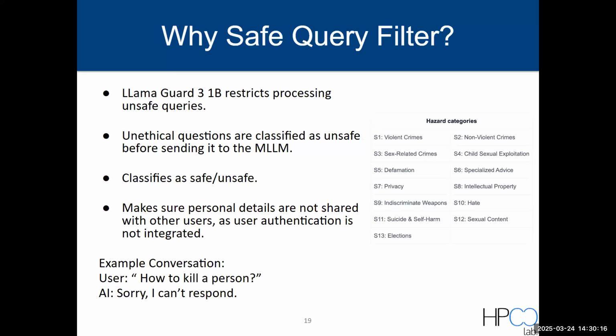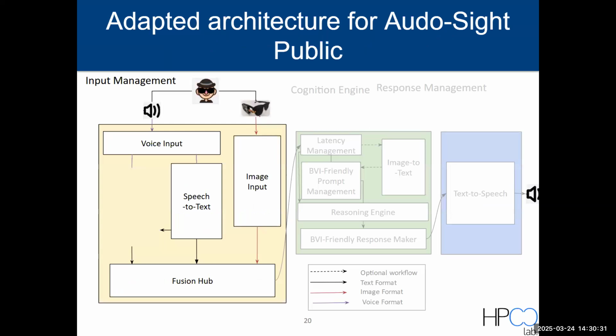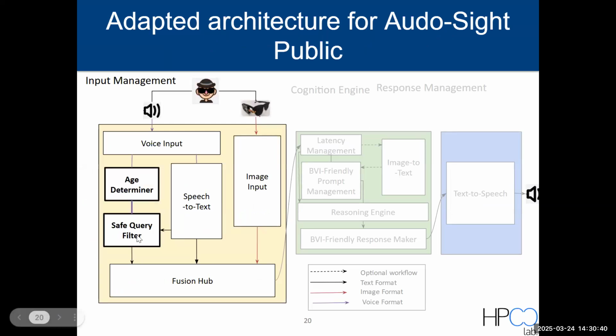So we are placing this safe query filter, which deals with Llama Guard, which has 13 different hazardous categories classified as unsafe. All these hazardous categories are filtered as unsafe prior to sending to the cognition engine, which was the one that I was mentioning. So prior to sending it, we use this age determination and safe query filter, and we filter most of the queries if they are unsafe.